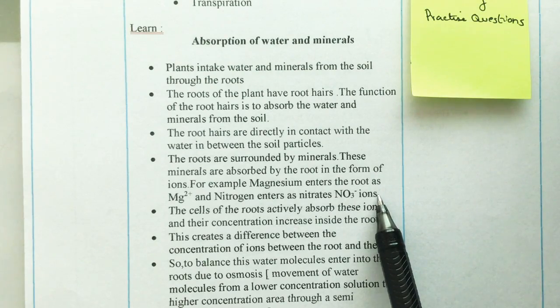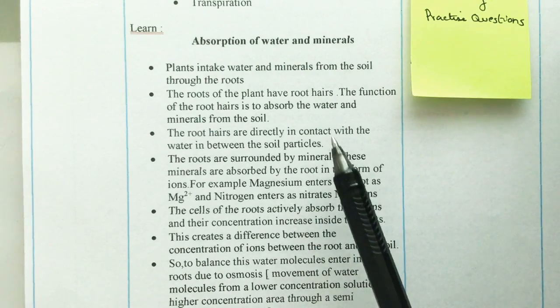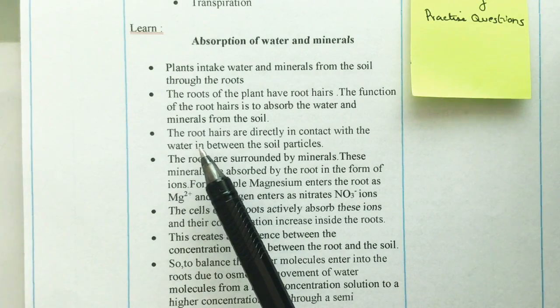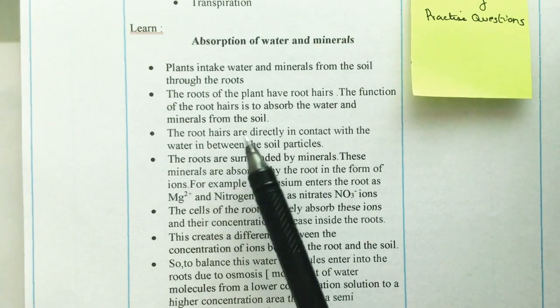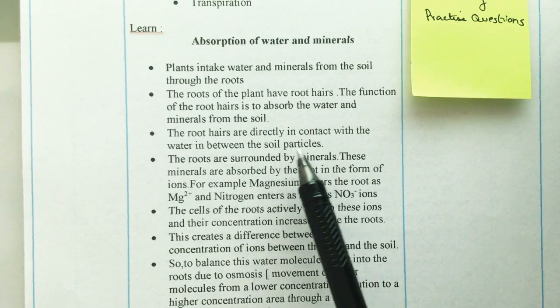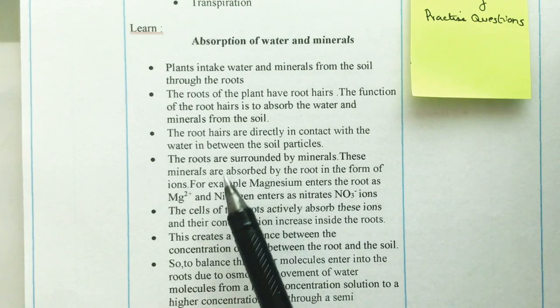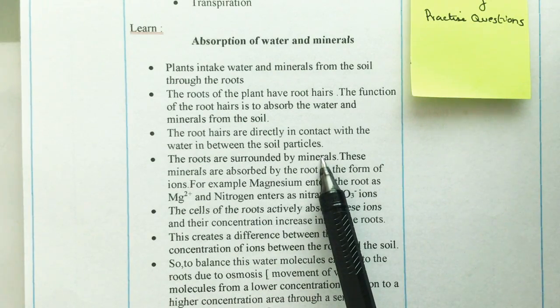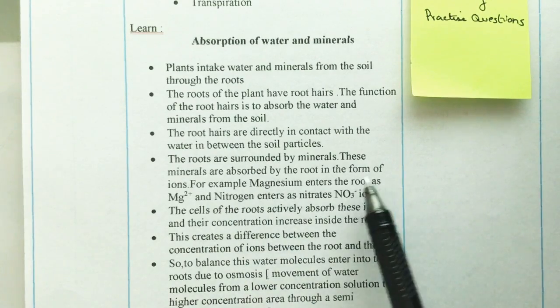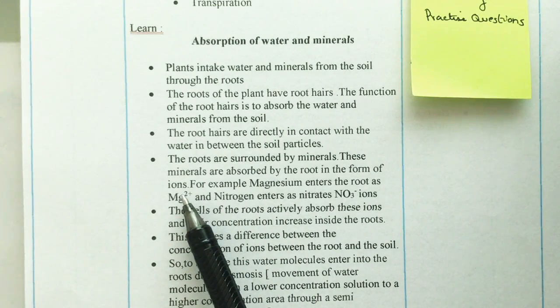Clear? So, from these points what you have to learn is that root hairs are directly in contact with the water that is present between the soil particles, and that the roots are surrounded by minerals, and these minerals are absorbed by the root hairs in the form of ions.